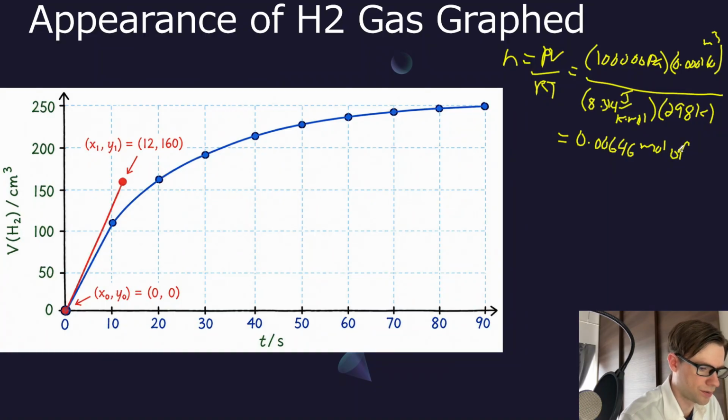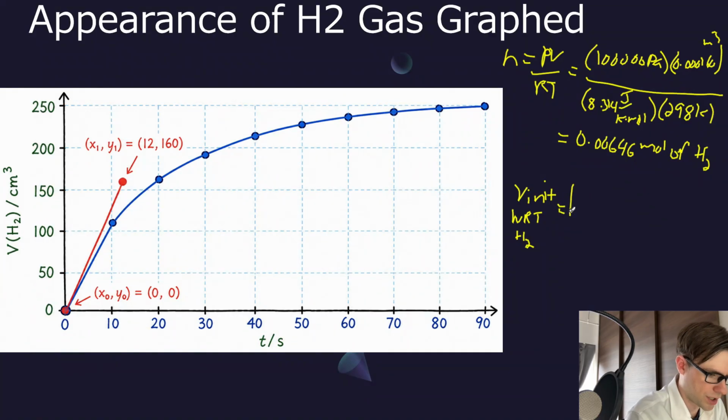Of H2, based on that tangent line, the red line. Okay, so our initial rate with respect to H2 will be equal to the absolute value of the concentration change.